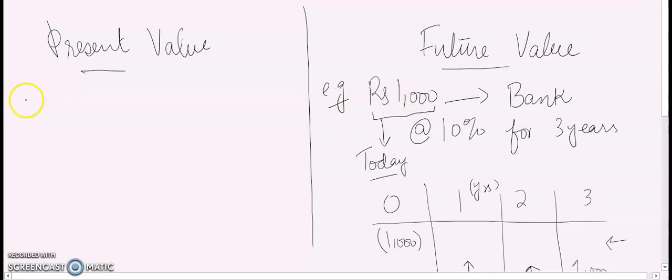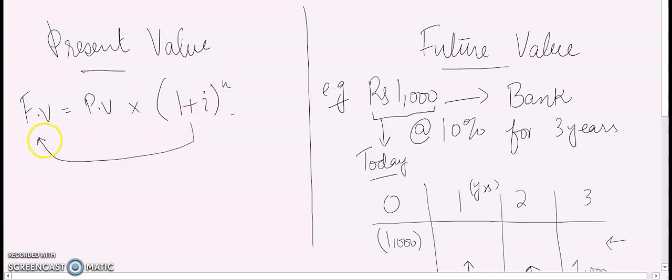But the same formula which we discussed earlier, 1 plus interest rate raised to the power n, if we rearrange and take it from the right hand side to the left hand side, what do we get? We get the formula for the present value.